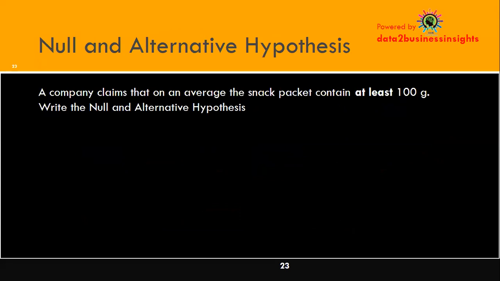Next one: a company claims that, on an average, the snack packet contains at least 100 gram. I'm using "at least" here. So what is the null hypothesis? What is the alternative hypothesis? What does "at least" tell you?